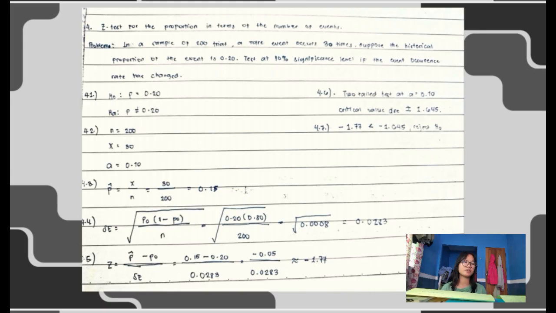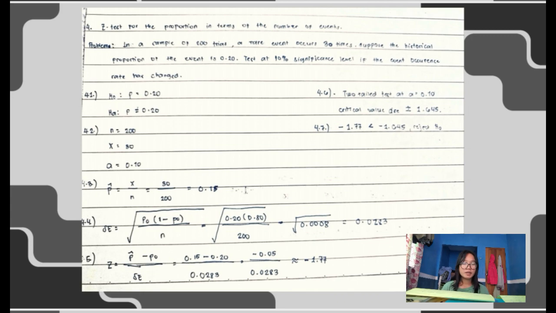So the second to the last step, we have to identify the critical value. As you can see, for the two-tailed test, our critical value is positive and negative 1.645. How do we get that one? We look for the 95th percentile, because the area to the left of Z is 1 minus 0.05, which is equal to 0.95.